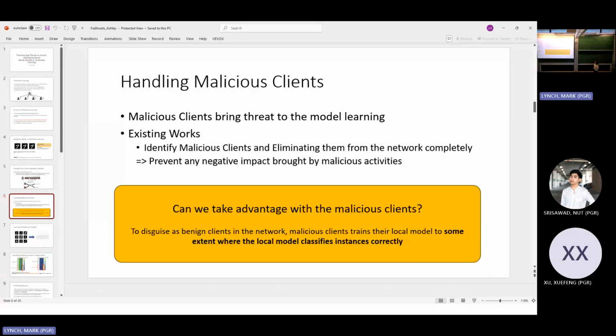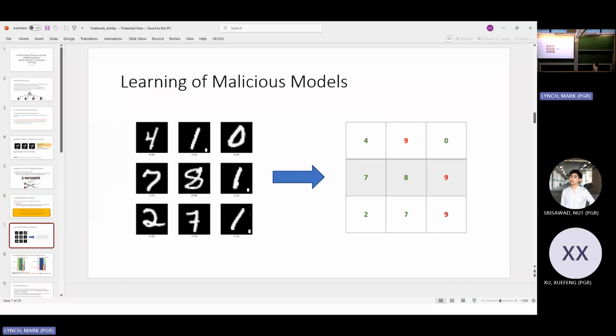So I was thinking whether we can take some of the clean parameters from the malicious local models and put them into our global model, which can help generalize performance, especially when there are very few clients in the network. This is the main point of the paper that we're proposing.